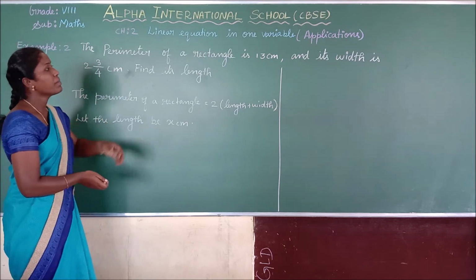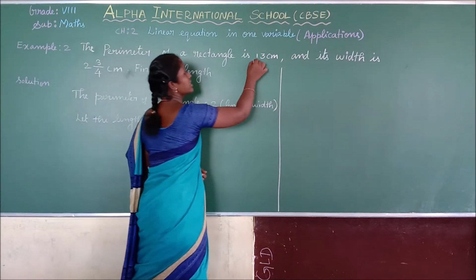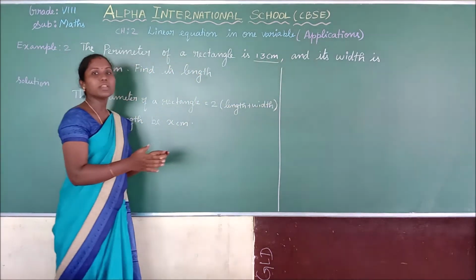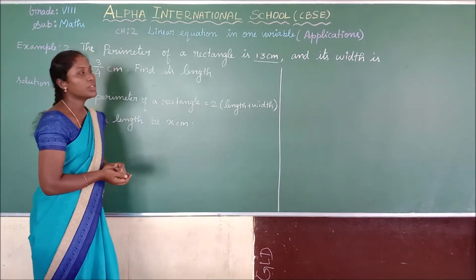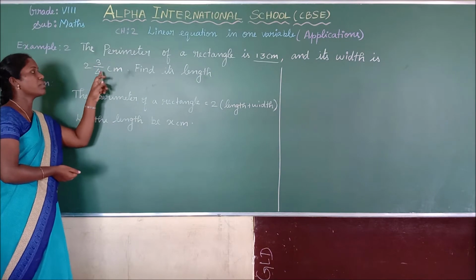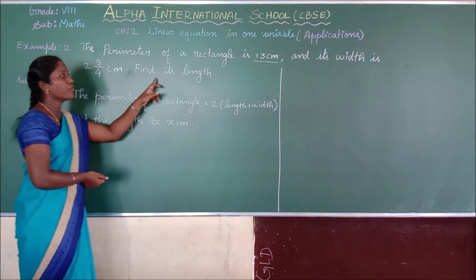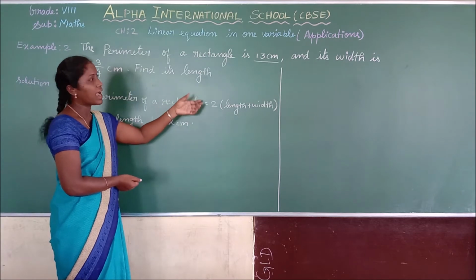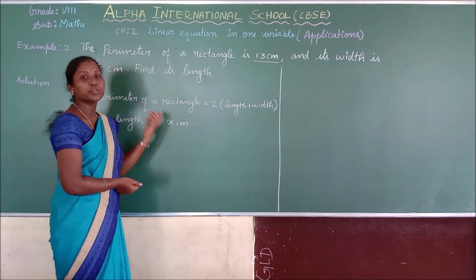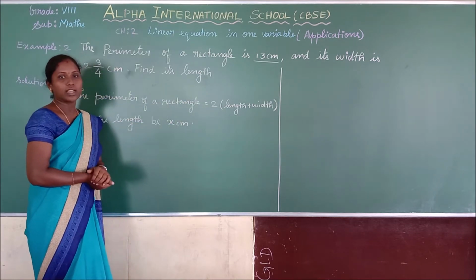See here, the perimeter of a rectangle is given as 13 cm, and the width of the rectangle is given as 3 3/4 cm. We have to find its length. The perimeter is given and the width is given. We have to find the length of the rectangle.